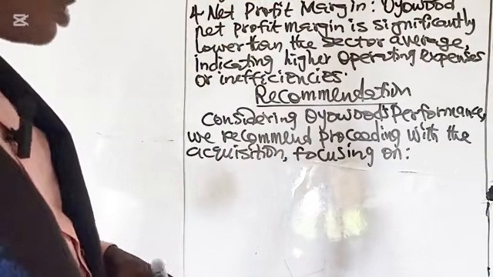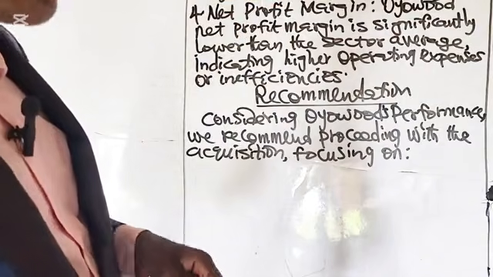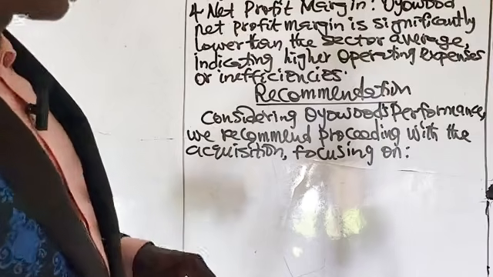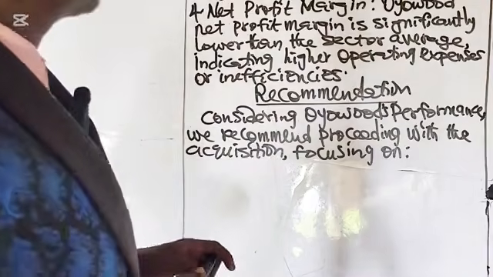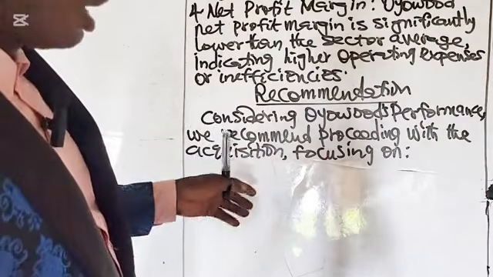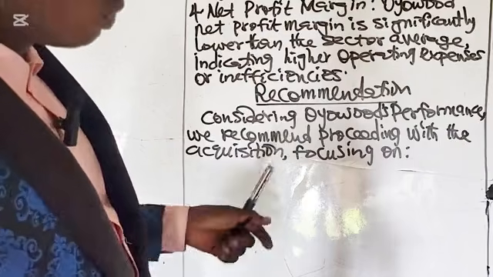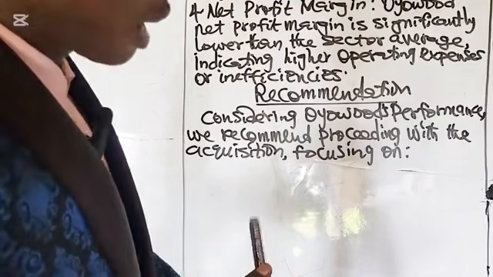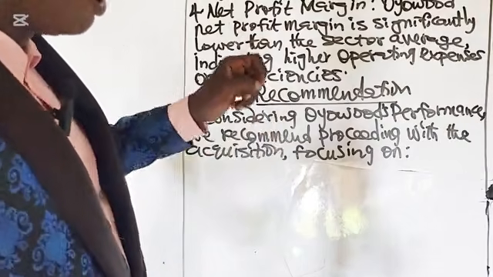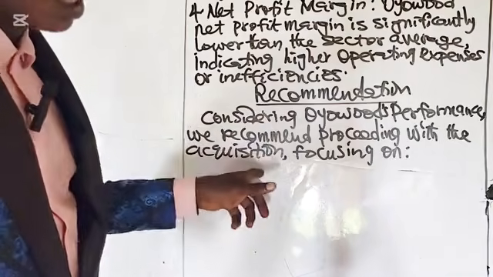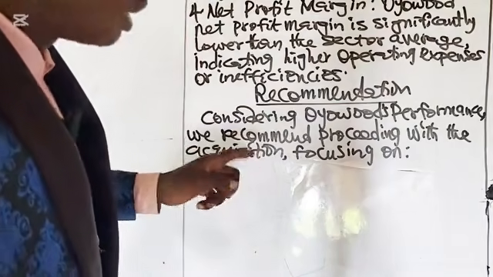So the first discussion, number one, was return on equity. We said the returns due to equity holders will be a lower return compared with the sector average, and this is as a result of the lower net profit margin. So what could be your recommendation now?